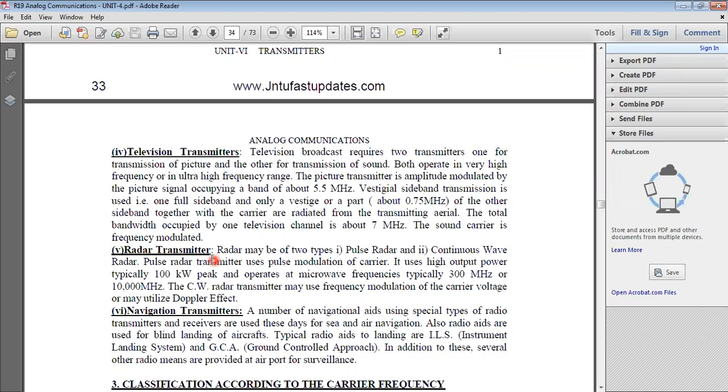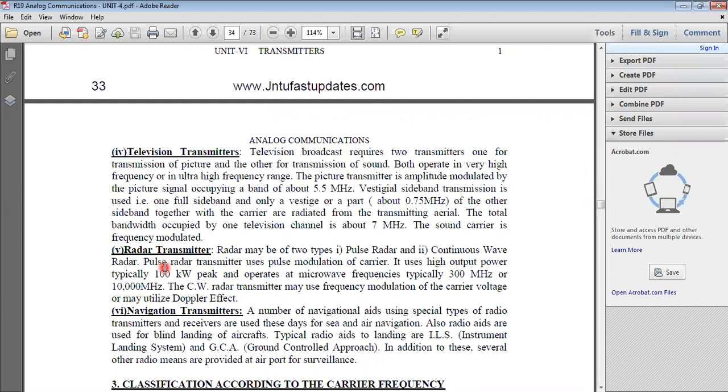What is the abbreviation for radar? Anyone knows? Radio detection and ranging, radar.